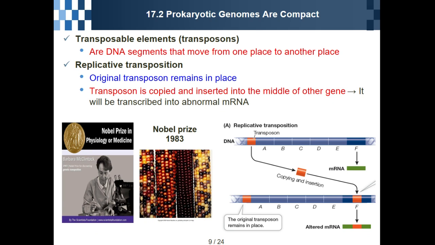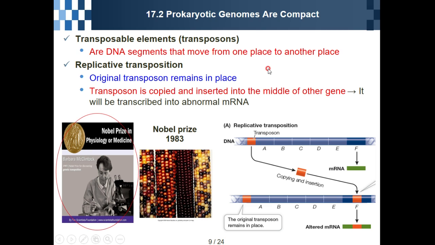And also, to study the prokaryotic genome, people used transposons. So what is a transposable element? A transposable element, we call it a transposon. Transposable elements are DNA segments that move from one place to another place.